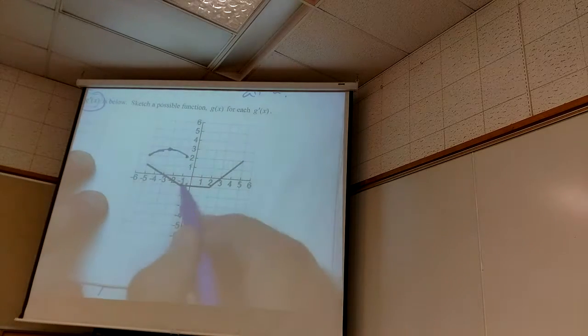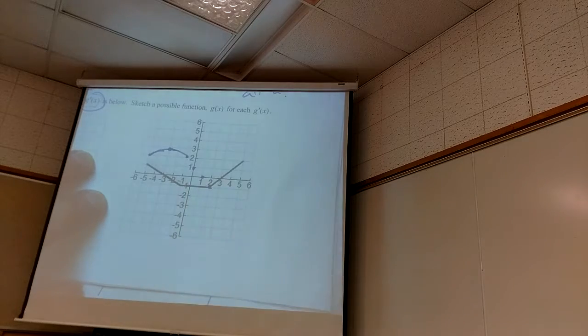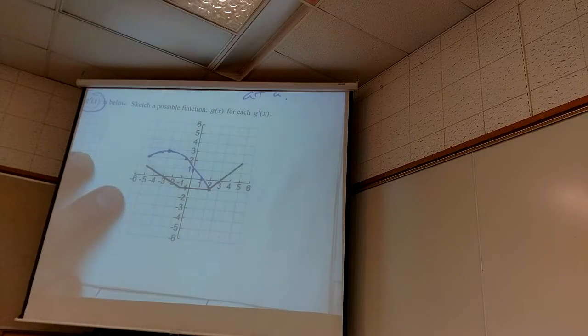Now what's happening from -1 to 2, the slope is a constant -1, so down 1 over 1, down 1 over 1, down 1 over 1. So it's constant, so it should be a straight line, slope of -1. And then this is basically the same thing as this, just in reverse.